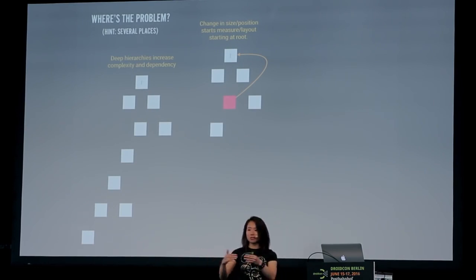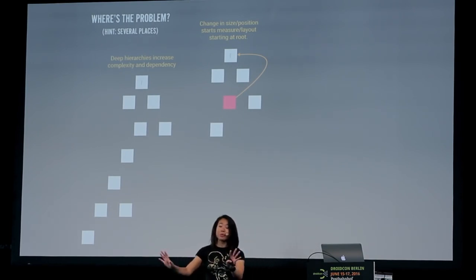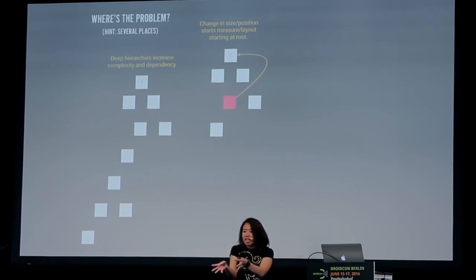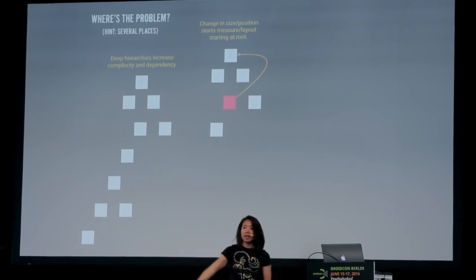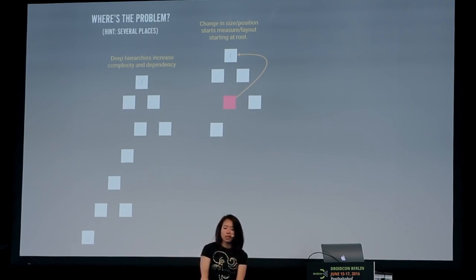The parent of those two views will probably also change size and position, and then that whole process goes up and up and up all the way to the root. So any change in a child node will result in a whole bunch of invalidations and needing to call measure and layout again, all the way up to the top. And again, more measure, more layout calls, more complexity, more performance problems possibly.